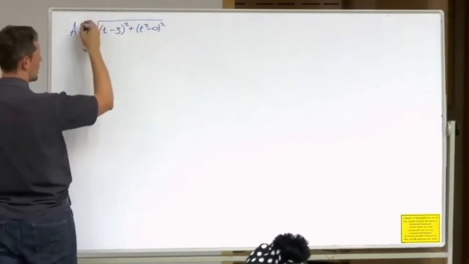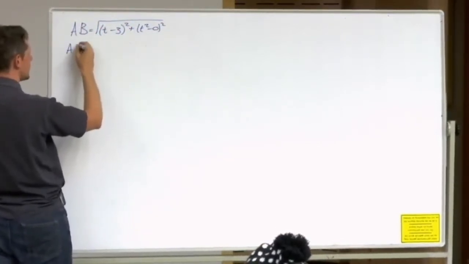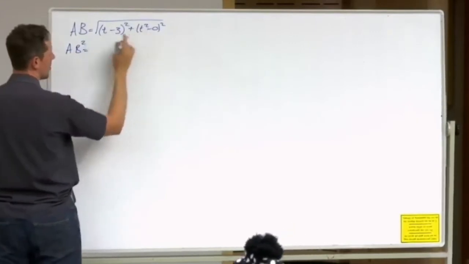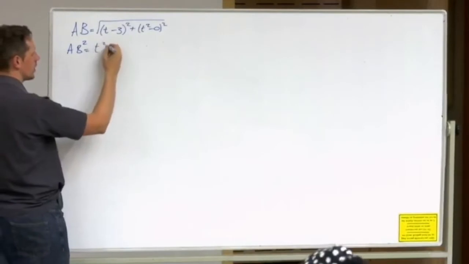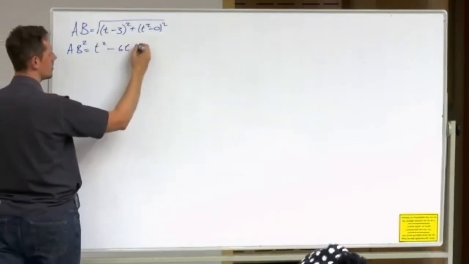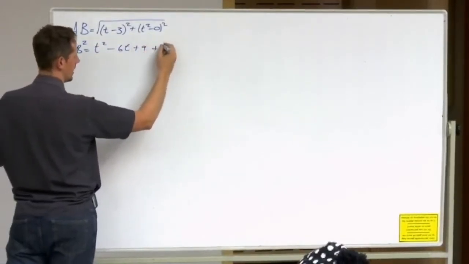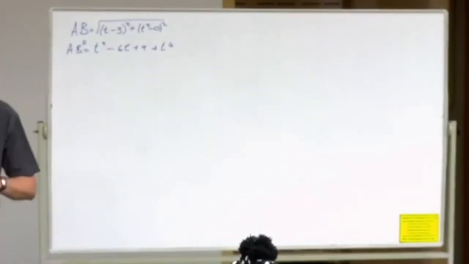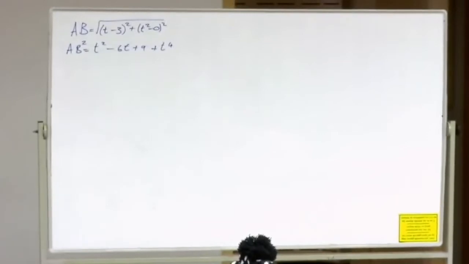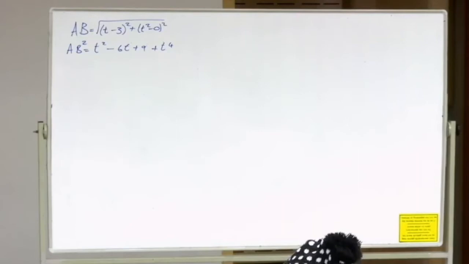If I square both sides, it gives me AB squared. If I multiply these out, it gives me t squared minus 6t plus 9 plus t to the 4. And there I have number 1 done. This specific one might be 1 or 2 marks.